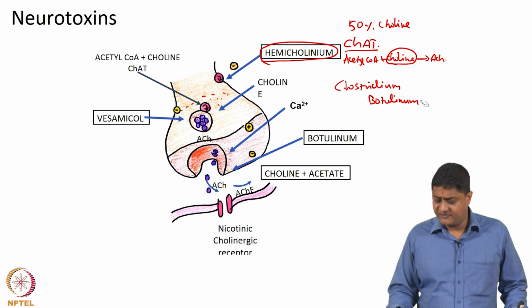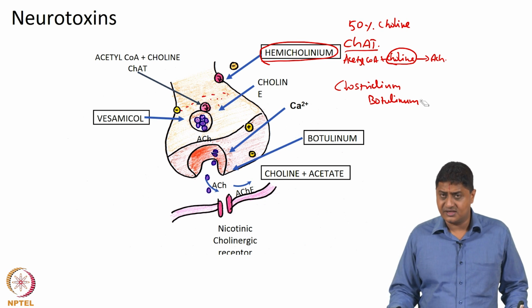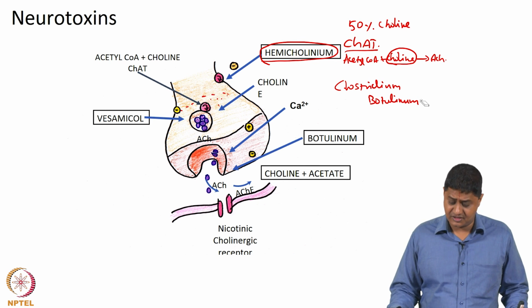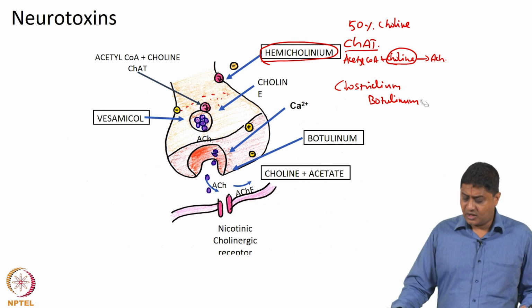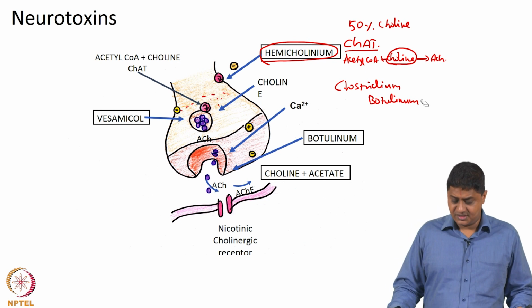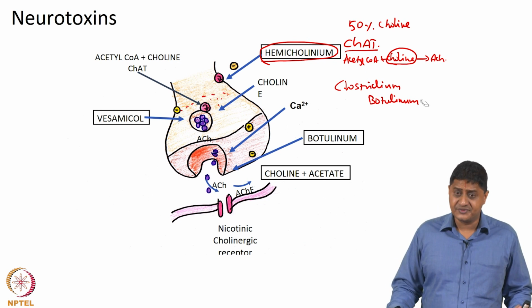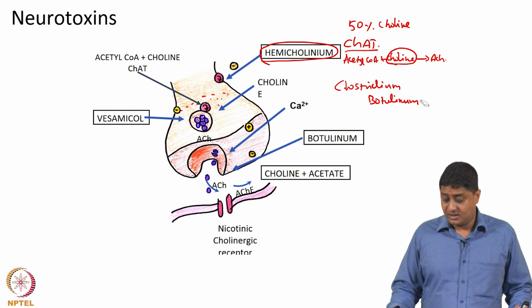There are several variations of this toxin, several forms of this toxin, but all of them have almost similar actions on the neuromuscular junction. How is it synthesized, how is it produced? Clostridium botulinum is an anaerobic bacteria, and it produces botulinum toxin.